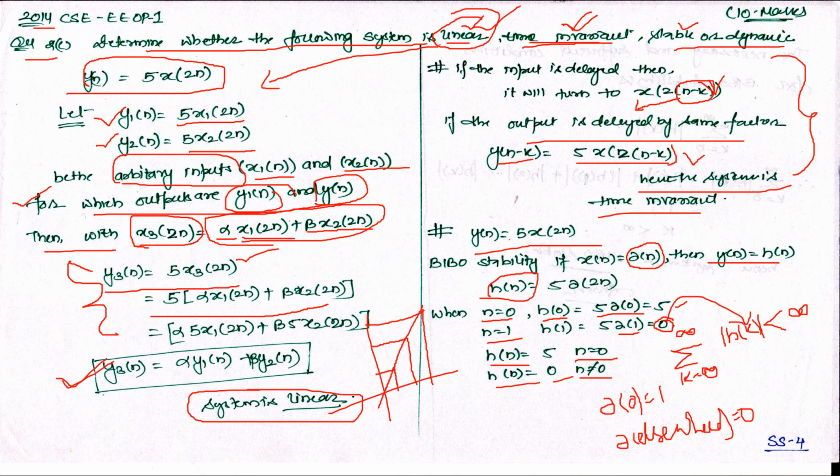Now substitute this h of n in this formula. If you expand it, you will write h of 0 plus h of 1 plus h of 2 and so on. Rest all the values, h of 1, h of 2, h of 3 up to infinity, everything will lead to 0, and you have h of 0 equals 5. Okay, so this summation will yield a finite value, which in this case comes out to be 5, and obviously that is less than infinity.